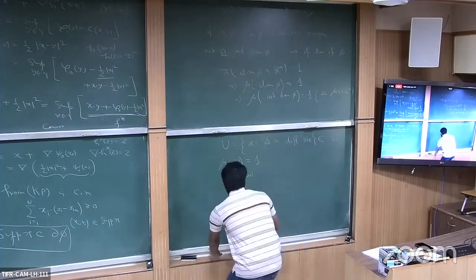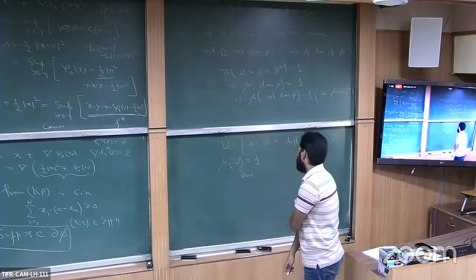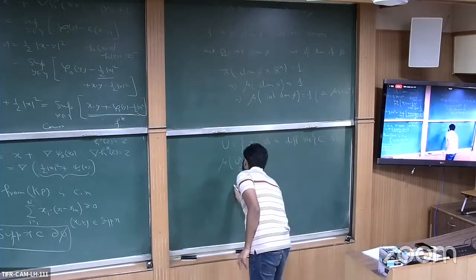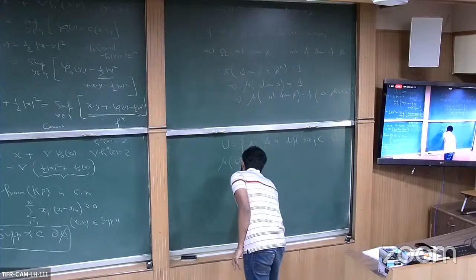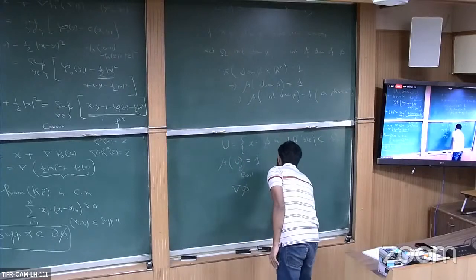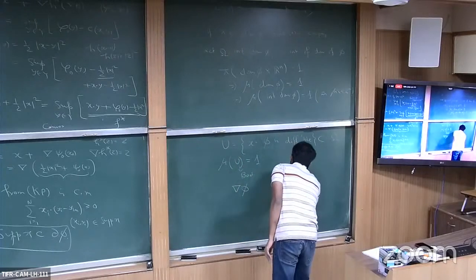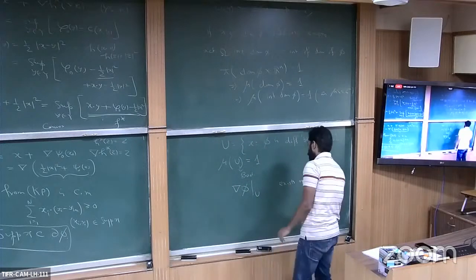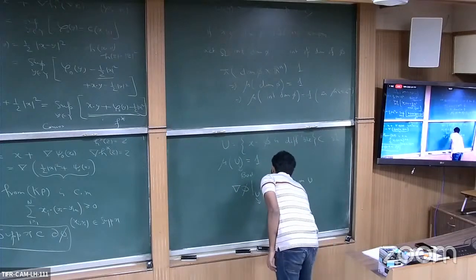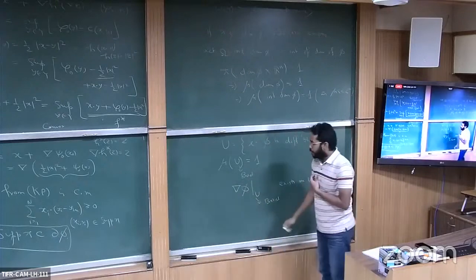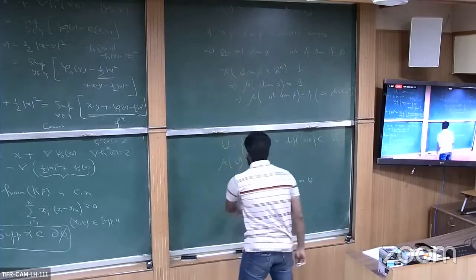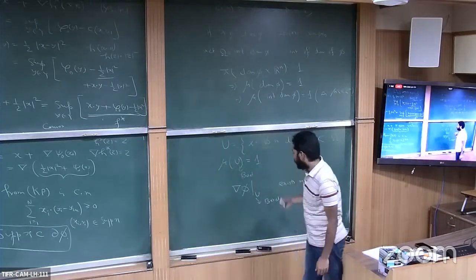And here U is where phi is differentiable, so on U the gradient of phi exists. Therefore, if I restrict this map to U, it is Borel. My claim is that this map pushes forward mu to nu.